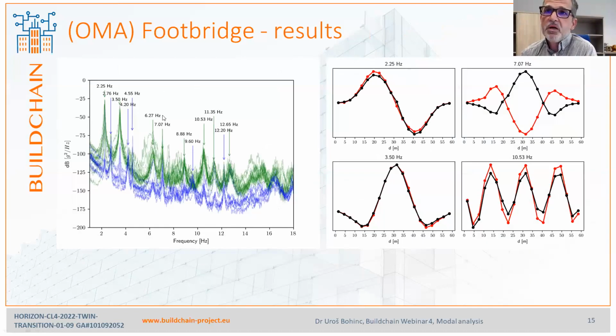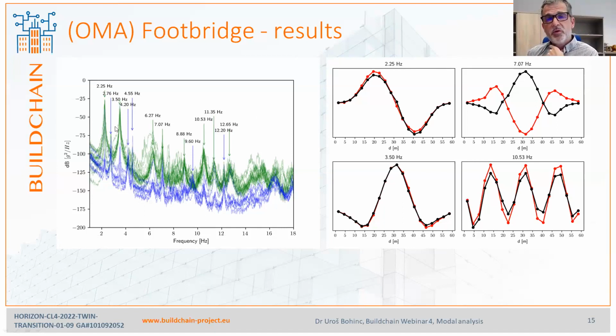By inspecting the frequency spectra of the response, we were able to immediately identify the vertical vibration shapes and also the horizontal ones. Here in green, we've shown only the response in the vertical direction, in blue the horizontal one.